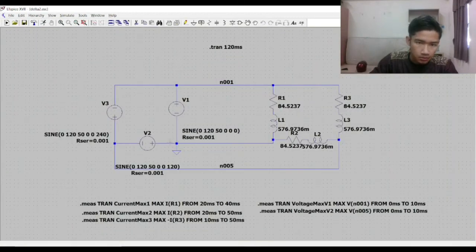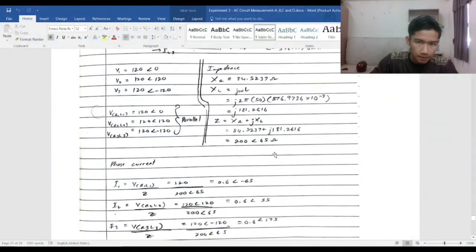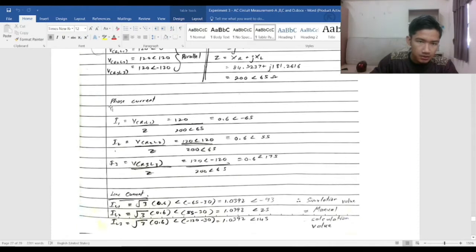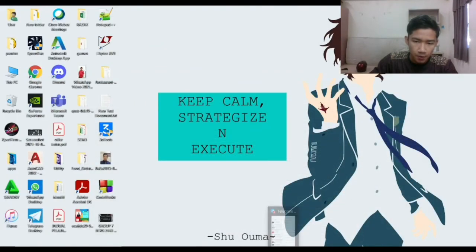Then the max current, which is the phase current right here, is around 0.6 something. So the simulation value for the delta-delta connection is equal to the manual calculation value for this connection. Okay, next I will go to the Y-Y connection.